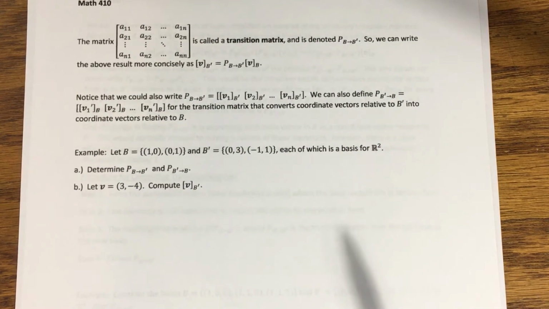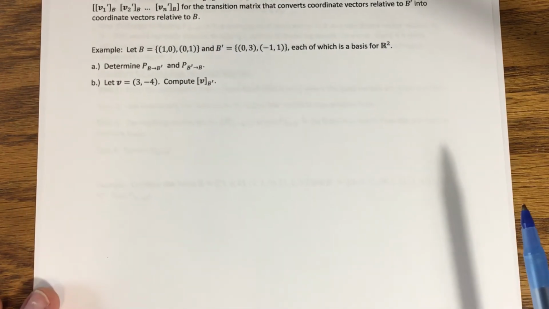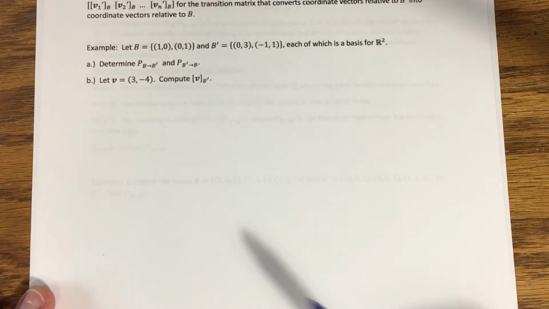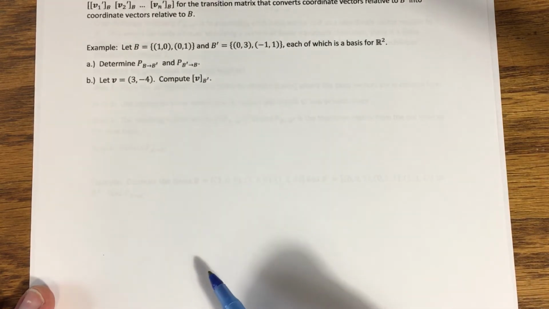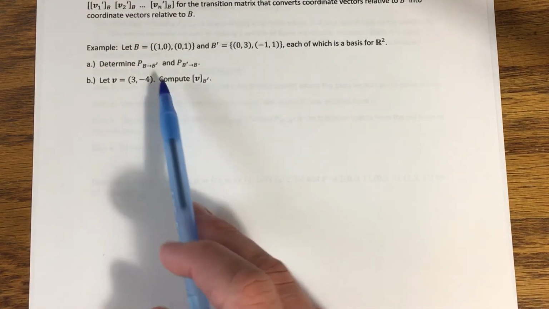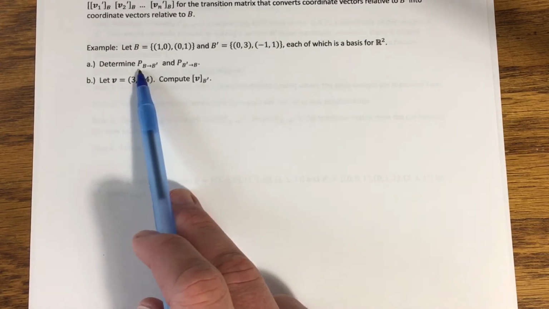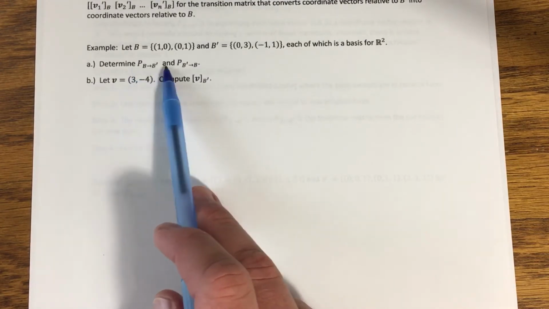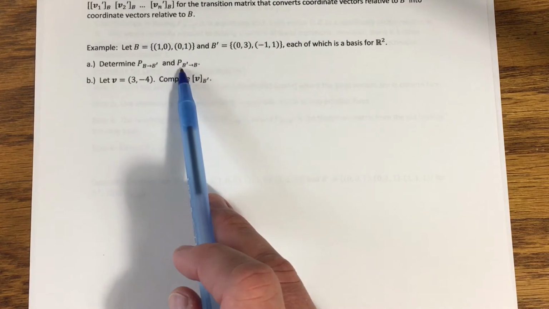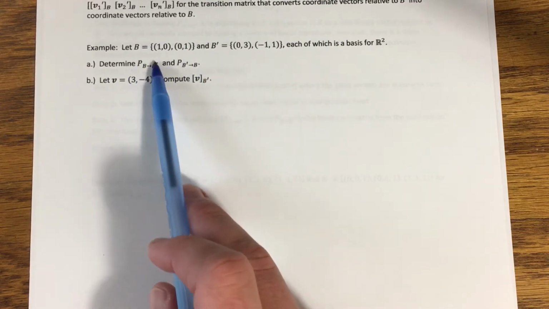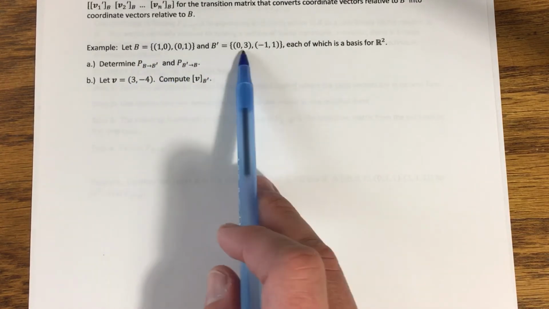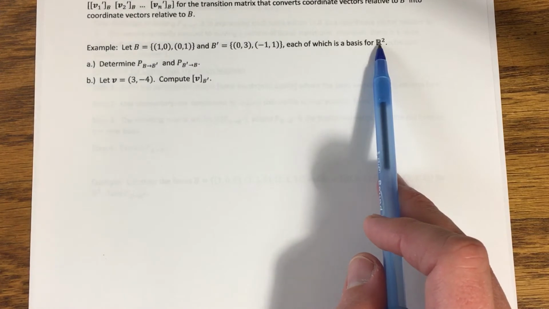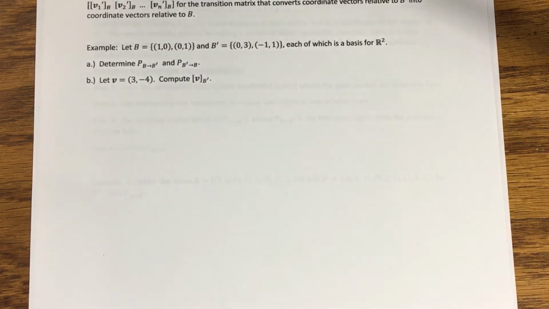So let's do an example where we're computing some of these and using it to convert a vector from one basis to another. So here we're going to determine the transition matrix from B to B prime as well as the transition matrix from B prime to B, where B and B prime are both bases for the vector space R2, okay?